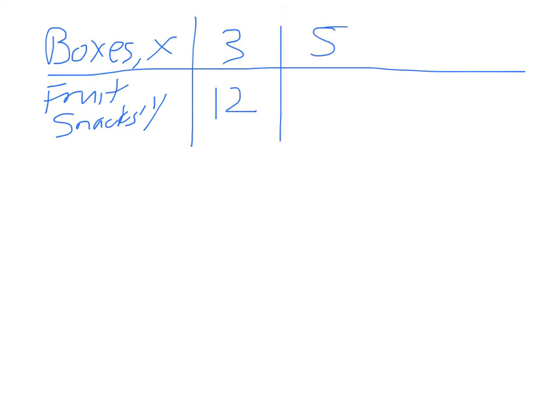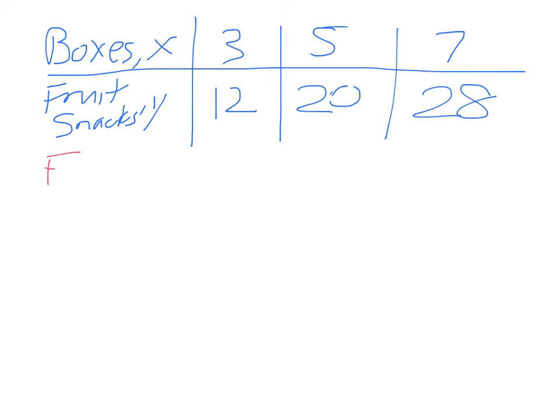In 5 boxes there are 20 fruit snacks. And in 7 boxes there are 28. Find the slope of the line. And what does the slope represent?